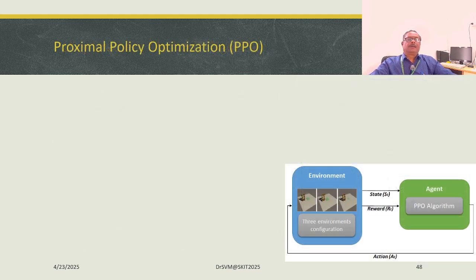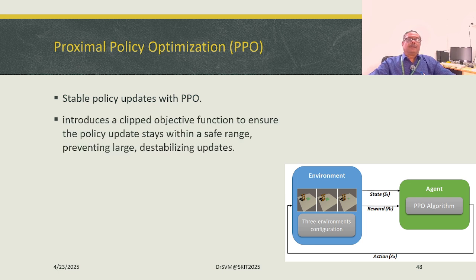The other method is proximal policy optimization, in short called PPO. This gives us stable policy updates.